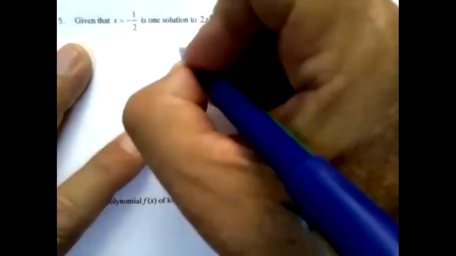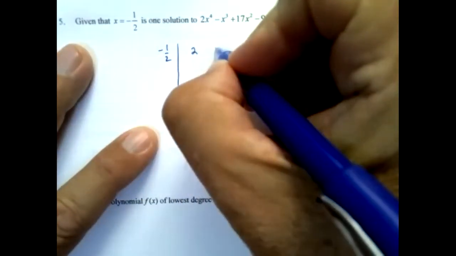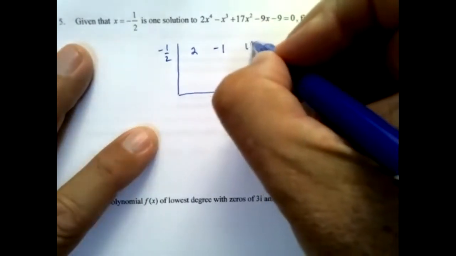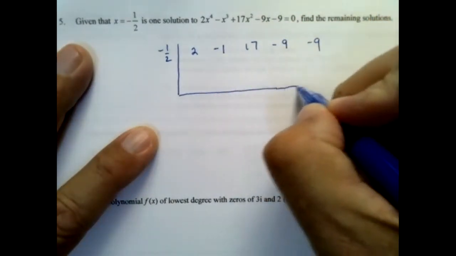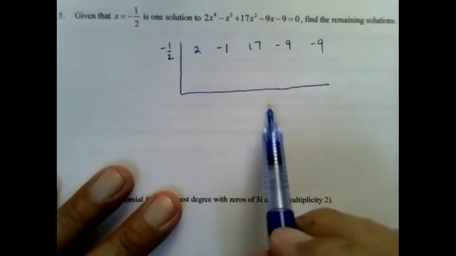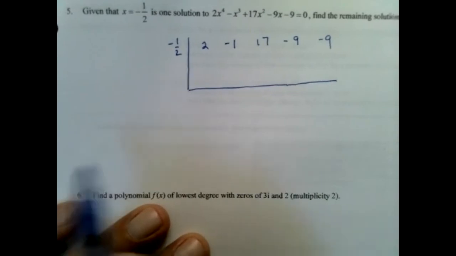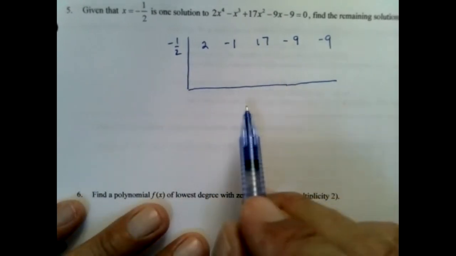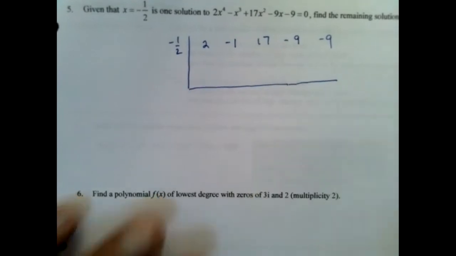I know one of them is negative 1/2. I have 2, negative 1, 17, negative 9, and negative 9. And I know I'm going to get an answer. I know this is one of my roots. But then I need to figure out what the next 3 are, because there's going to be 3 more of them.